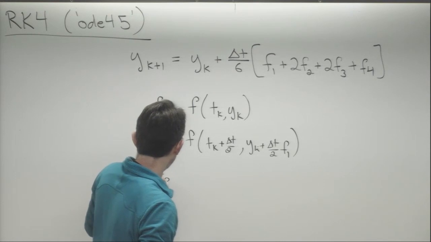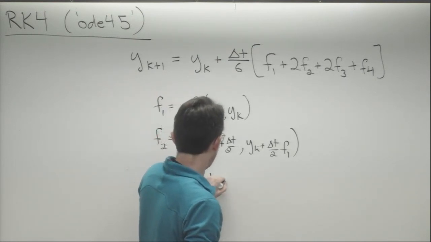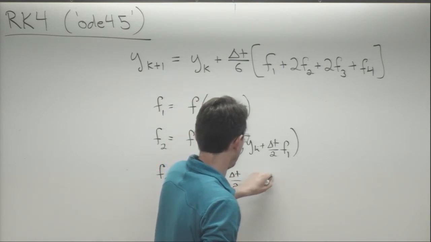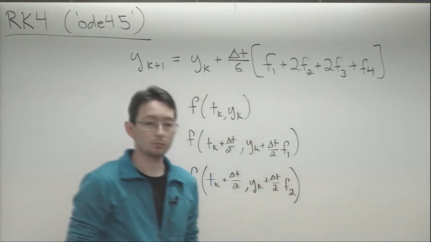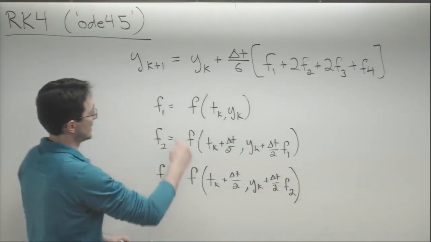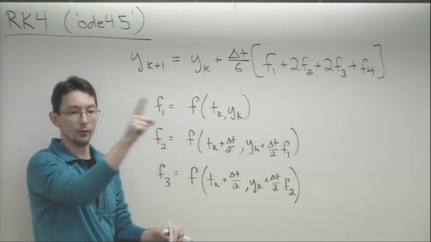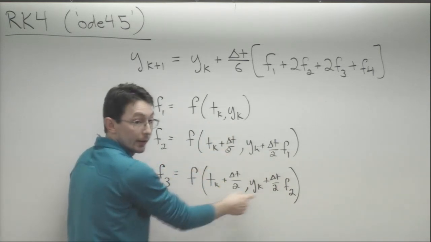Okay, f3 is f of basically the same thing, a half Euler step in the future, but pointing in the f2 direction. The way we can think of this is that we're getting a more and more refined estimate of what the local velocity field looks like, not just at my point, but at nearby points.